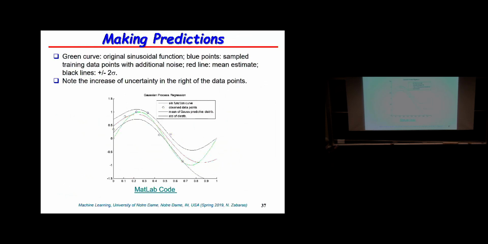The function that you see here is what generated the training data, with some noise. This line in the middle is the mean of the predictive distribution that we get. And what you see here is plus or minus 1 standard deviation.